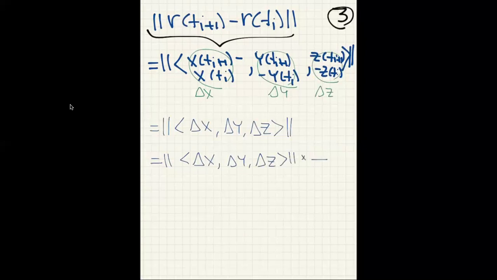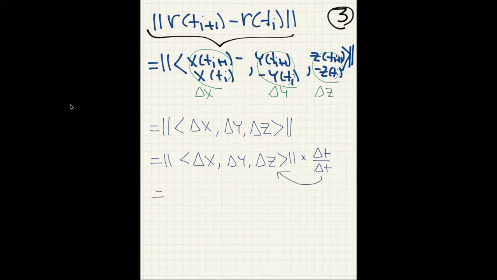I've got to multiply by something over something. As long as I put the same thing on top and the same thing on bottom, really I'm just multiplying by 1, but it will be a helpful thing. I'm going to multiply by delta t over delta t. And then delta t is going to come right on in.